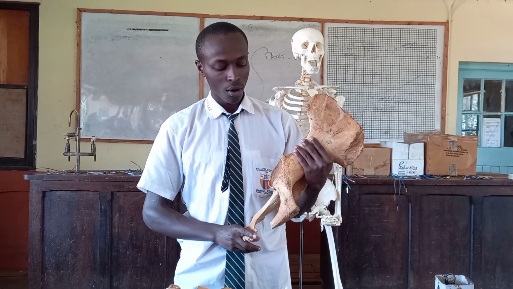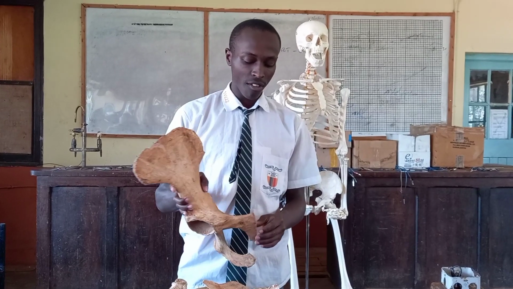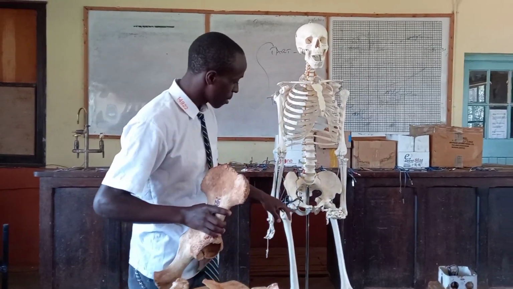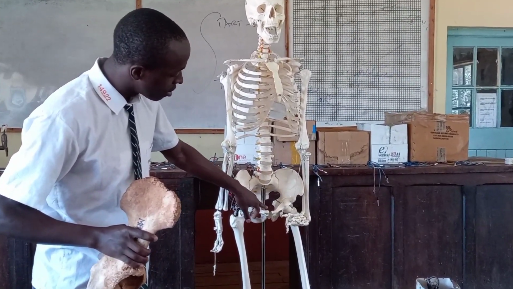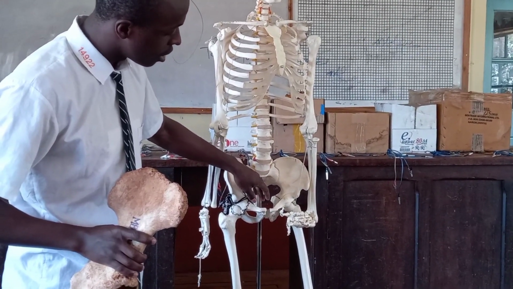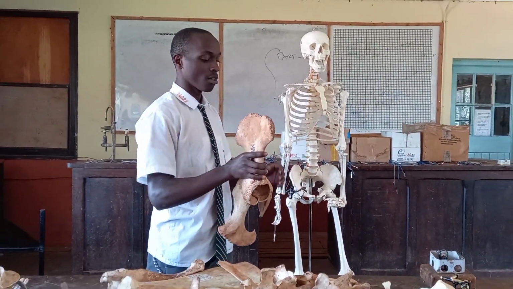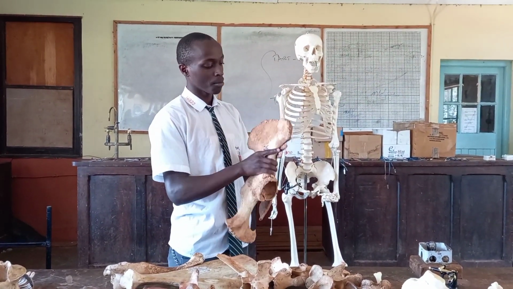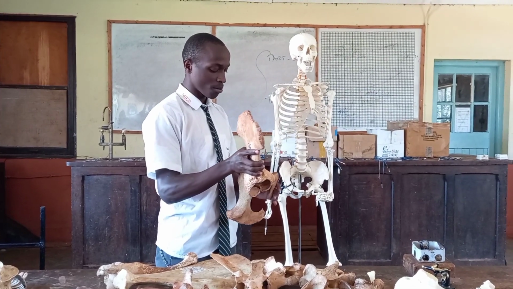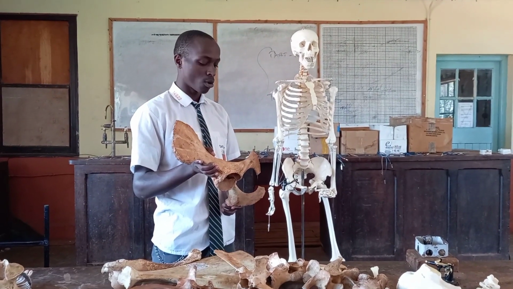Also, where these two halves articulate, you have the pubis symphysis, which is a flexible cartilage which permits widening of the girdle during birth. The ilium, the ischium and the pubis are fused to form an innominate bone.